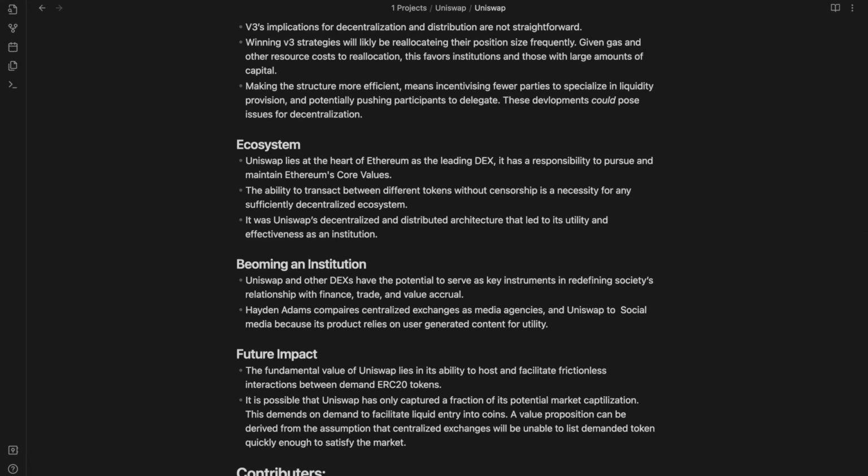And Uniswap has the ability to facilitate a kind of decentralized finance that wouldn't be possible without it. Now, this notion of concentrated liquidity, expressive liquidity, makes Uniswap quite unique. And it'll be really interesting to see what happens as the market evolves.